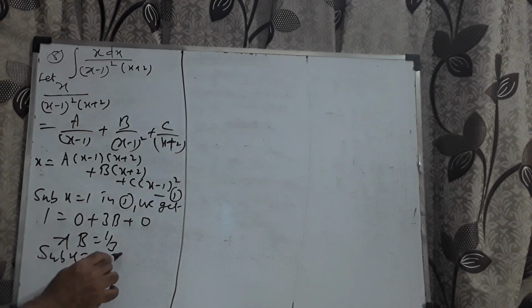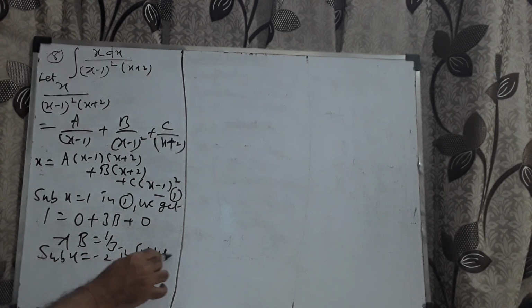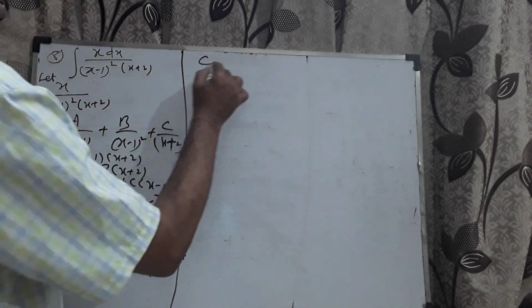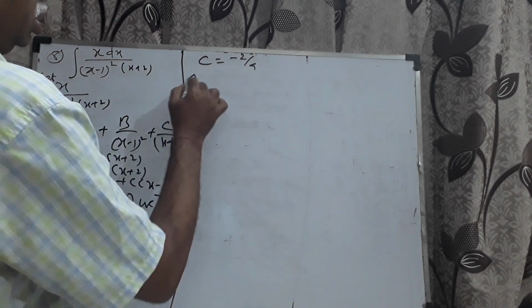Substitute x equal to minus 2 in (1), what do we get? We will get minus 2 is equal to 0 plus 0 plus 9C. Minus 2 minus 1 is minus 3, minus 3 whole square is 9. Therefore, C happens to be minus 2 by 9.